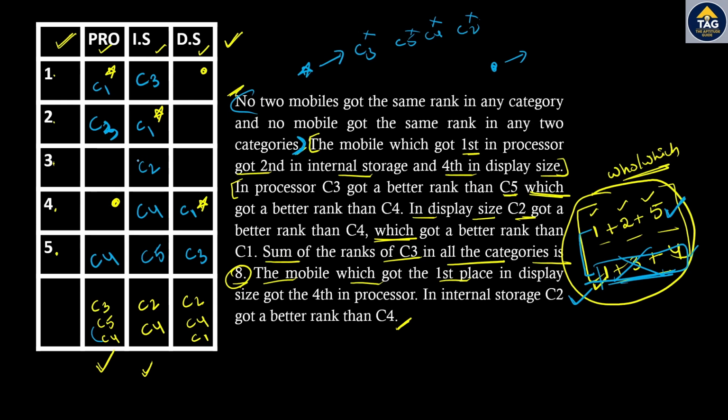As this is C2, C2 cannot get third rank again. So it has to be C5 and this is C2. So it's C2. Here we are left with two mobiles, C4 and C5. C5 cannot get third rank again, so it's C5 and it's C4.